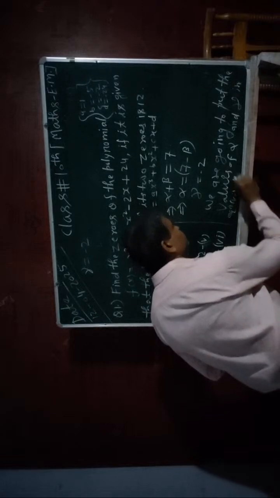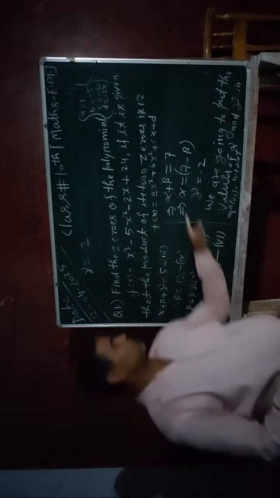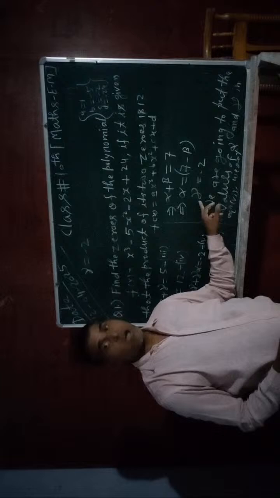We get... So in equation 6, I will put the value of alpha and gamma. After putting, I will get the value.